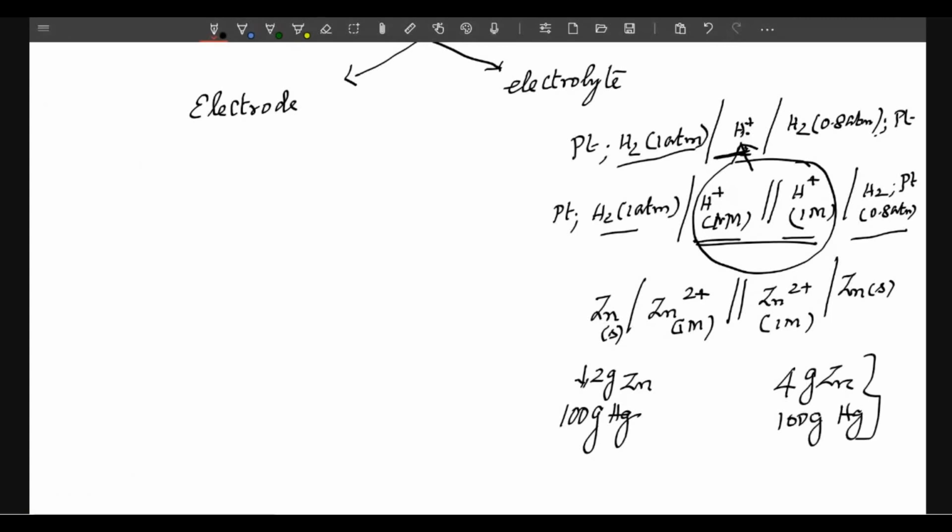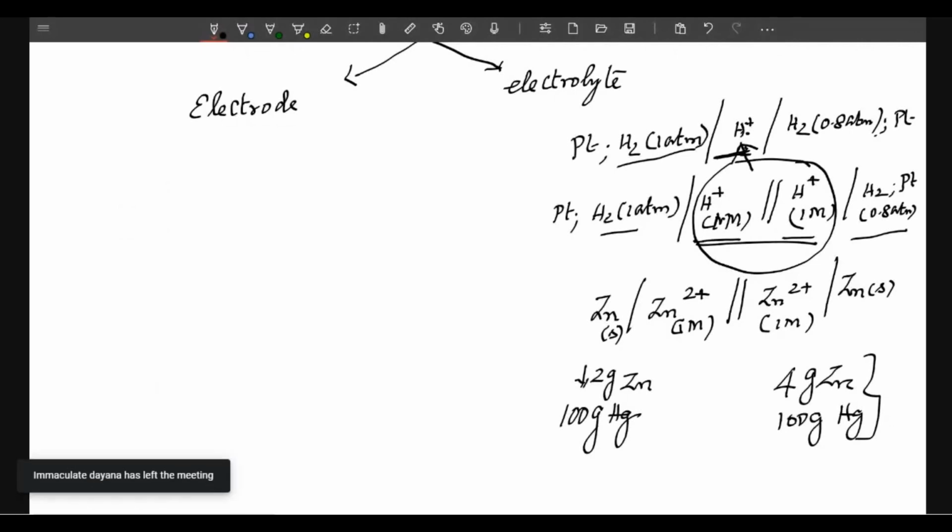Here also zinc amalgam is present. If you connect these, do we have the same activity of zinc in both cases or different? Tell me the answer. Same activity or different activity? Different activity.